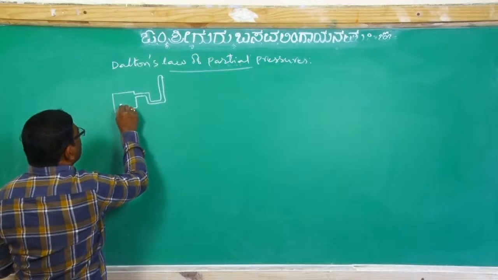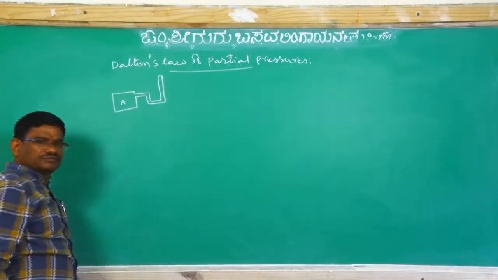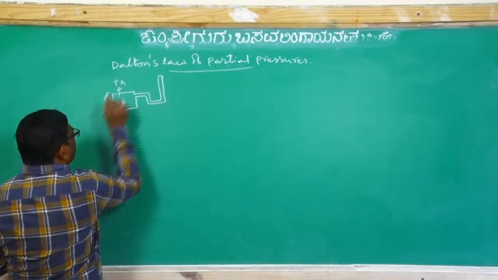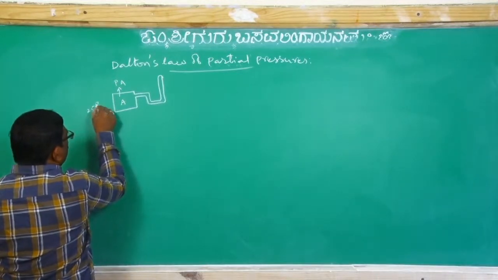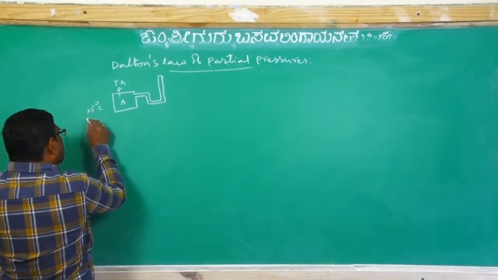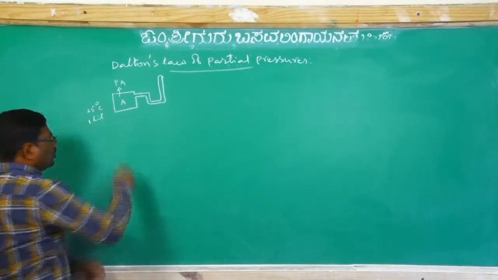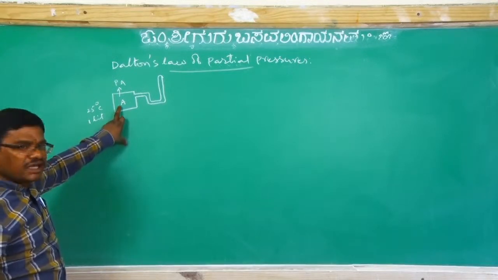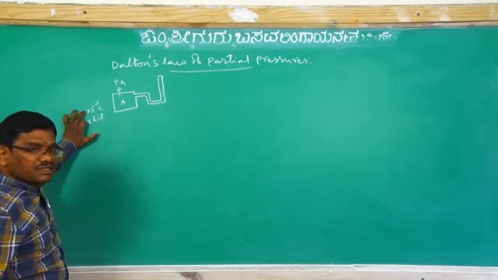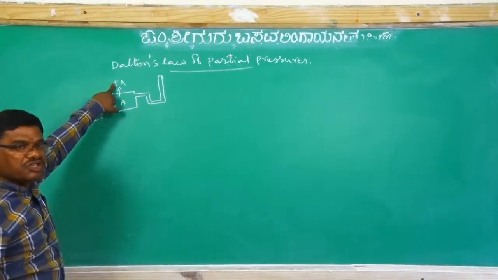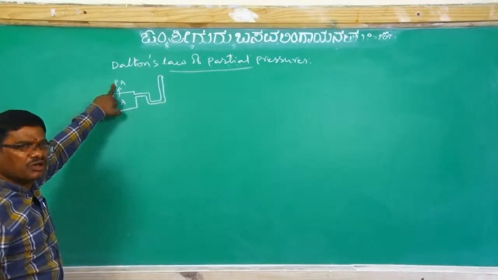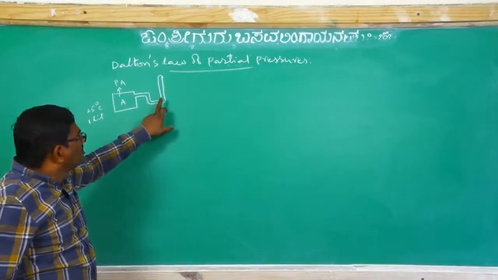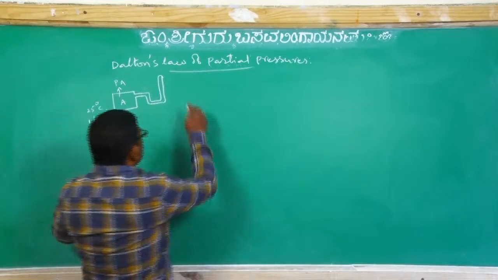In the manometer, gas A exerts pressure PA, existing at room temperature and occupying 1 liter volume. Let us assume in a 1 liter container, gas A existing at room temperature exerts PA pressure. This is the partial pressure. Clear na? It is the partial pressure. How much is there? This manometer is going to measure.